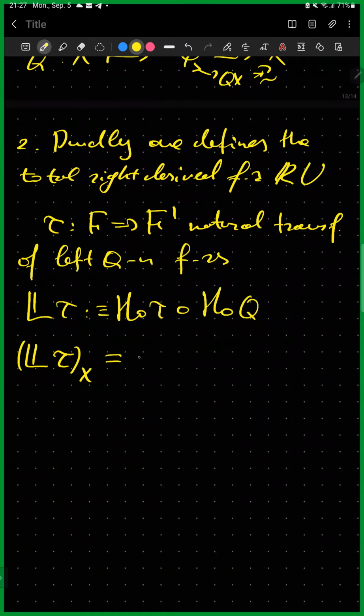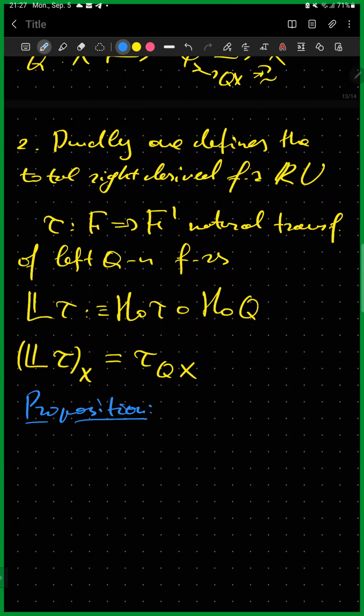Okay, so let me give you an example of a situation where a Quillen adjunction appears in the context that we already discussed. We have the following proposition. Consider an adjunction between two abelian categories.